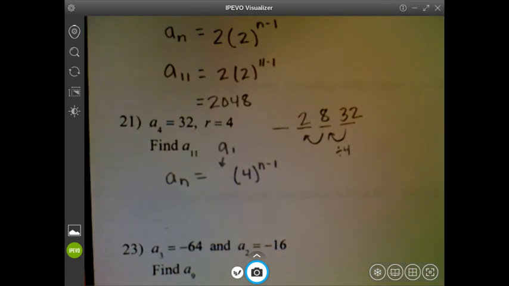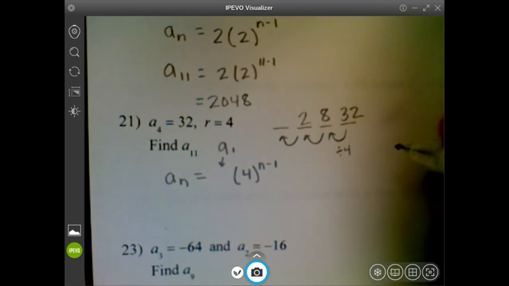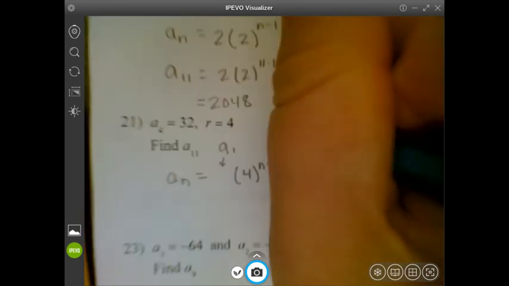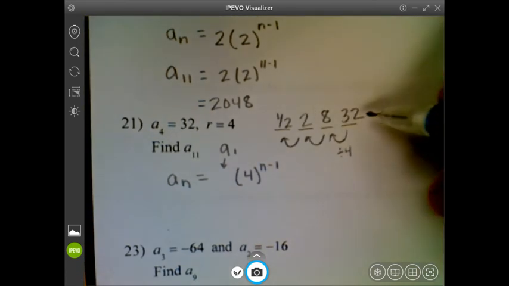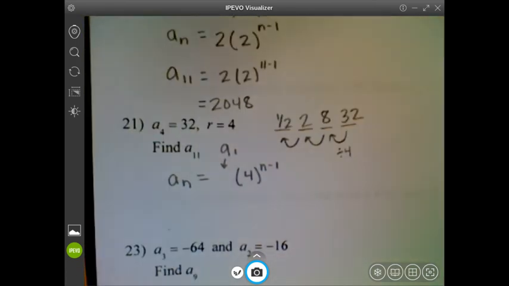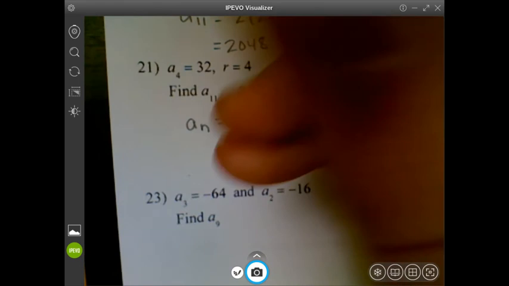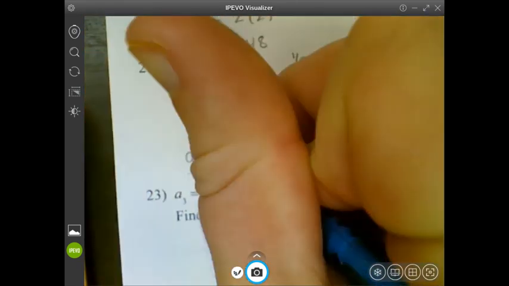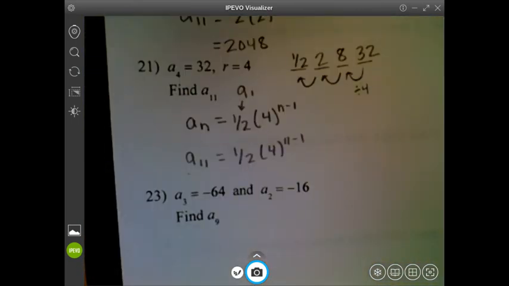The second term had to be 2. And then moving back one more step, 2 divided by 4, well, that's 1/2. So in order to get to 32, by timesing by 4, we had to start at 1/2. So that first term is 1/2. All right, so a sub 11, 1/2, 4 to the 11 minus 1.